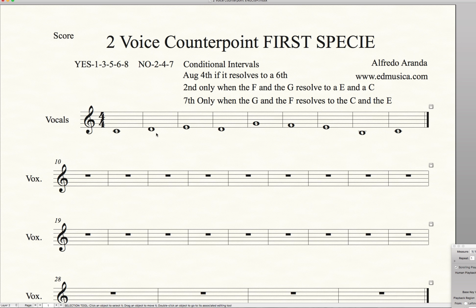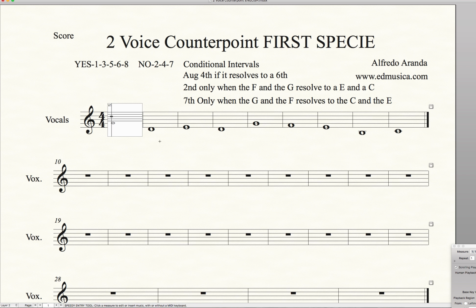So I'm kind of telling you not to do seconds, fourths, and sevenths, and then again I'm telling you that you can. But I call this conditional intervals. You may not hear this anywhere else, but I just named them that way right now.